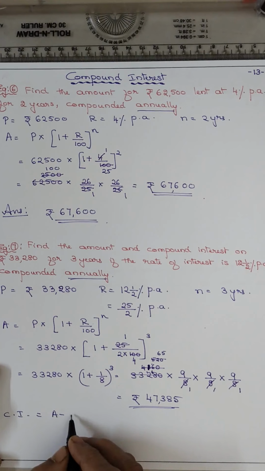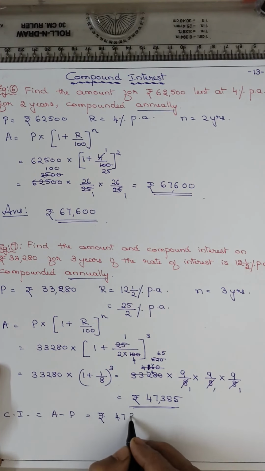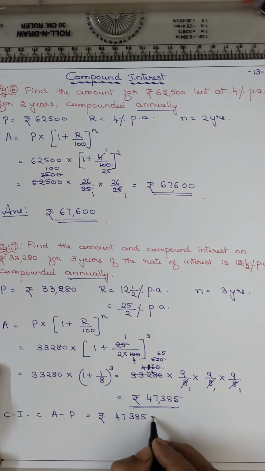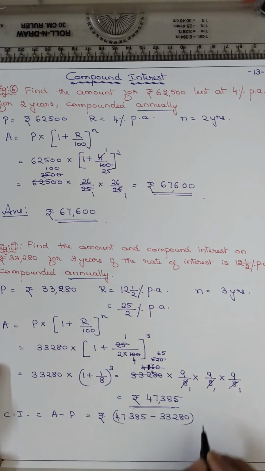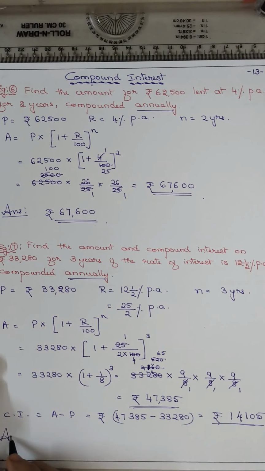CI is A minus P, 47,385 minus 33,280. It is 5, 0, 1, 4, 1. So 14,105.